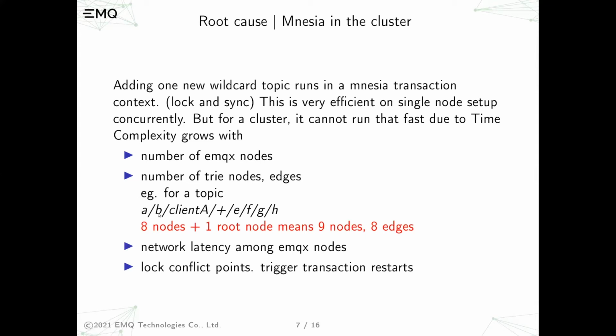And the bad thing is that once a Mnesia transaction hits some lock conflict, if it is a newer transaction, it will just restart the transaction itself. So there will be lots of wasted execution. So you will see lots of CPU usage because of transaction restarts.